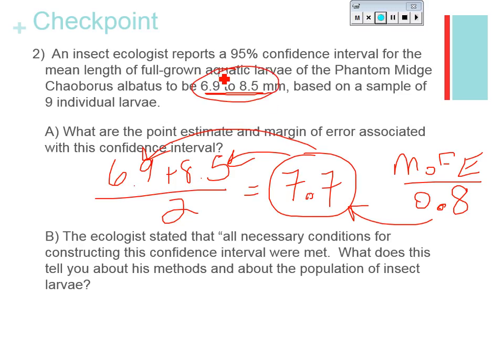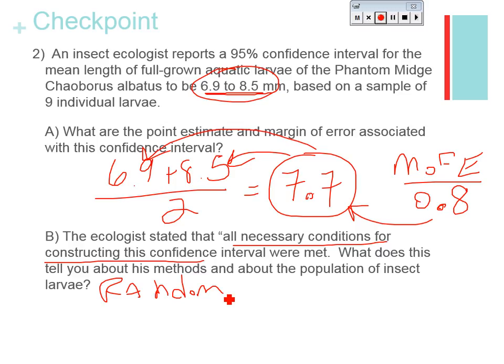And part B says the ecologist stated that all necessary conditions for constructing this interval were met. What does this tell you about his methods and the population of insect larvae? So remember, if all necessary conditions are met, then the samples were chosen randomly, so that random condition is met.